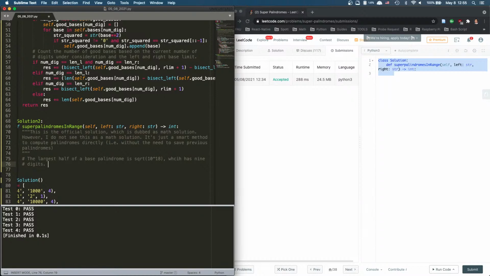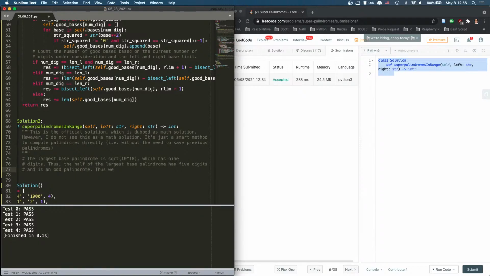Thus, the largest base palindrome, so the half of the largest base palindrome, has 5 digits, and it is an odd palindrome.